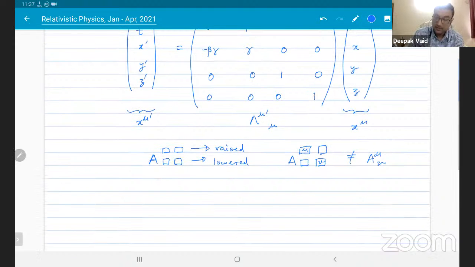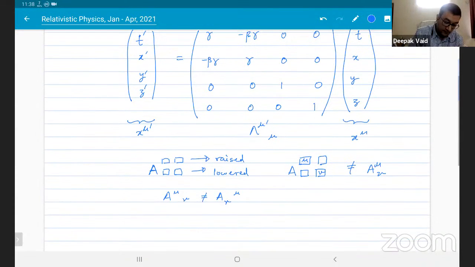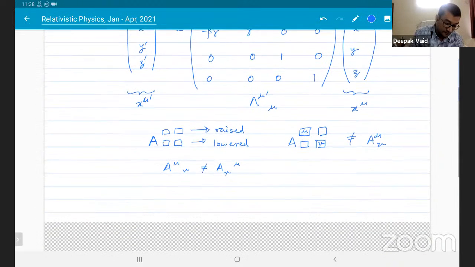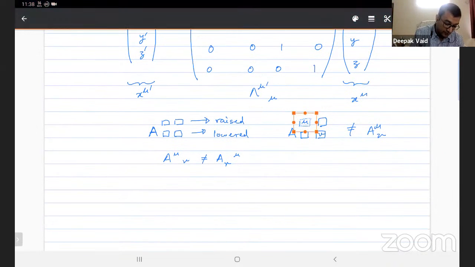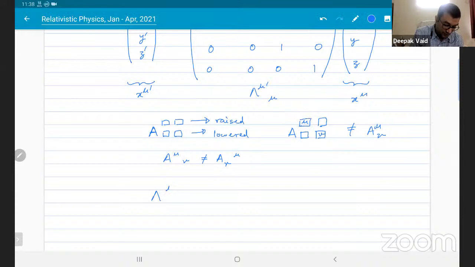And in general, if you are given some matrix, it might not be symmetric. That means if you switch the order of the indices, you might not get the same matrix element, right? So if you don't keep this order into account, you will be making a mistake. So this is important. So what is this lambda mu nu? Lambda mu nu, we have the first index over here.